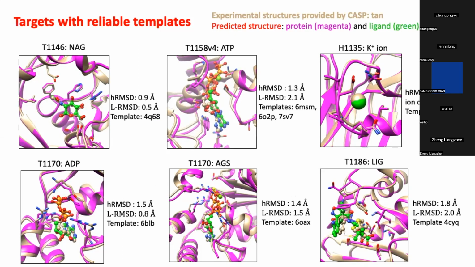If the targets have reliable templates, we can predict the binding mode successfully. You can see that the heavy atom RMSD at the interface is pretty low, and also with low ligand RMSD.